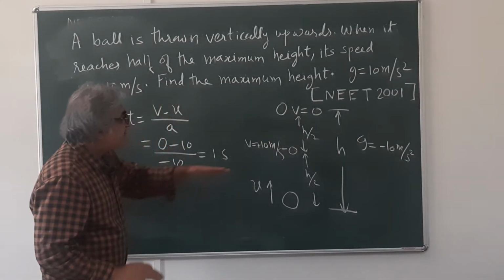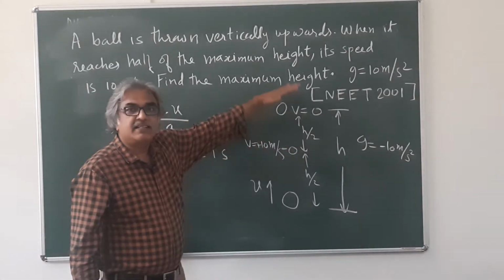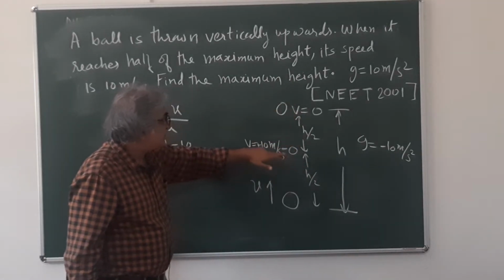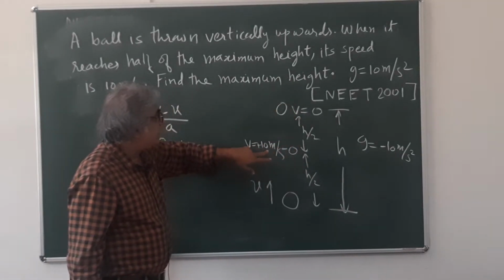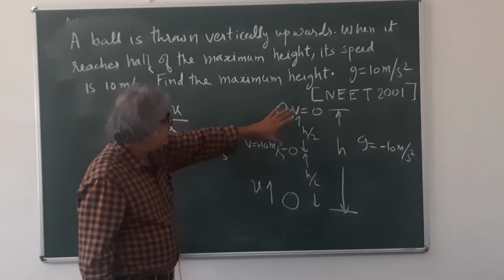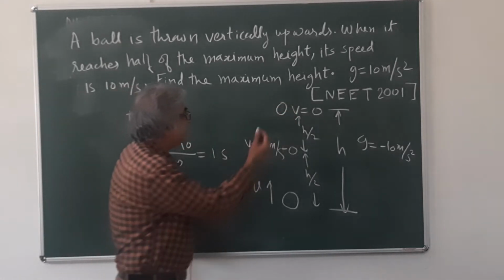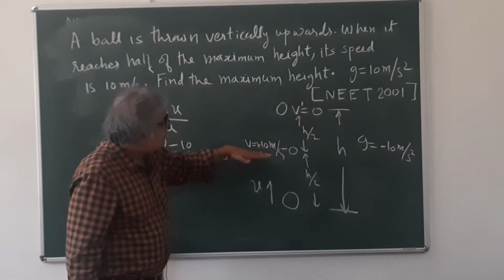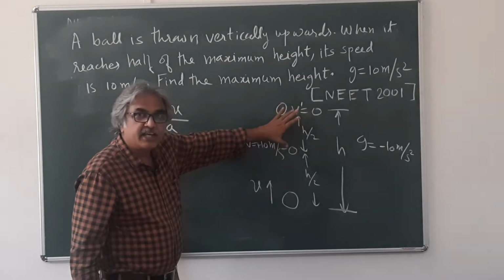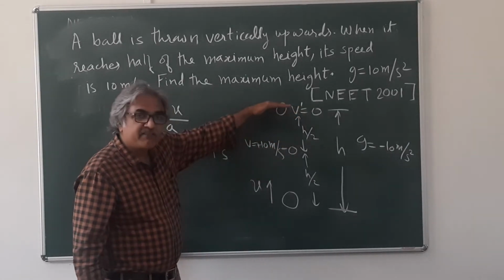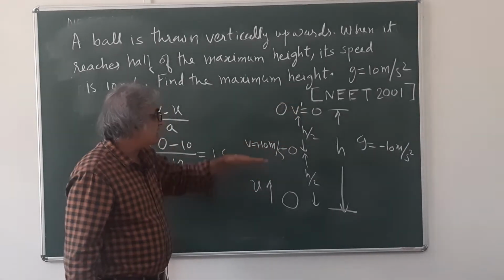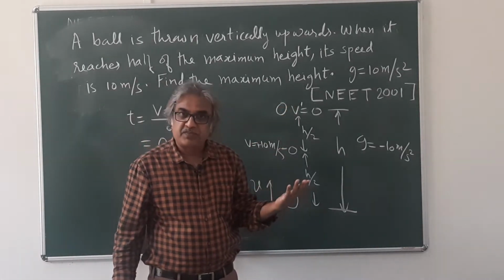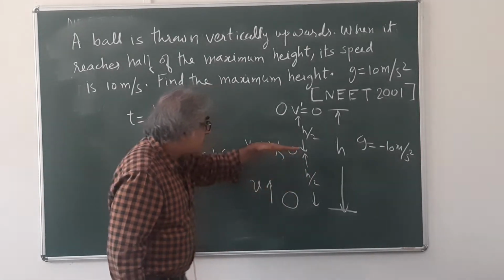Now since the acceleration is constant, if you consider the initial velocity, let's say v, and this final velocity v dash, you can find the average velocity by just taking the sum of initial and final and dividing by 2.